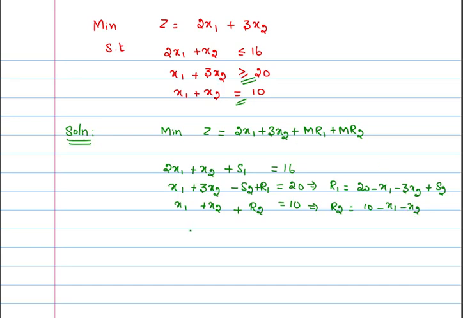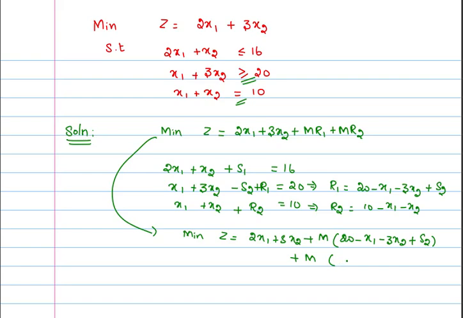Applying this, our objective function is minimization of z equal to 2 times x1 plus 3 times x2 plus M times (20 minus x1 minus 3 times x2 plus s2) plus M times (10 minus x1 minus x2).